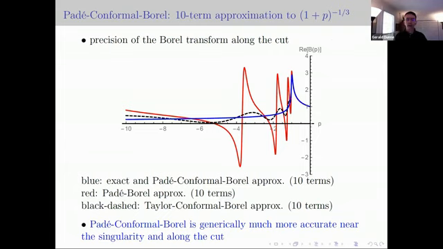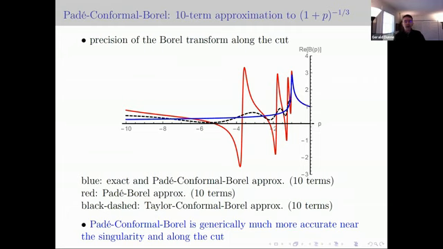The blue line is the exact answer, and it's also the conformally mapped one. The red line is what Pade would give you. These are poles, but if you put in your i epsilon, they get smoothed out, but they still give big oscillations. These are approximations with just 10 terms of the expansion. You see that Pade gives you all this fake oscillatory behavior, whereas the conformal map is bang on the exact function.